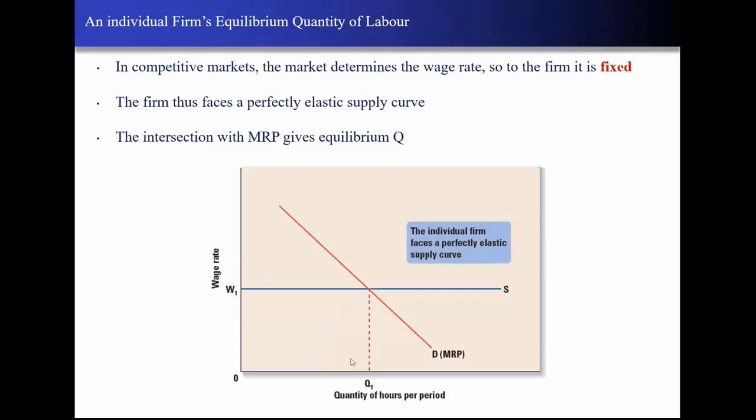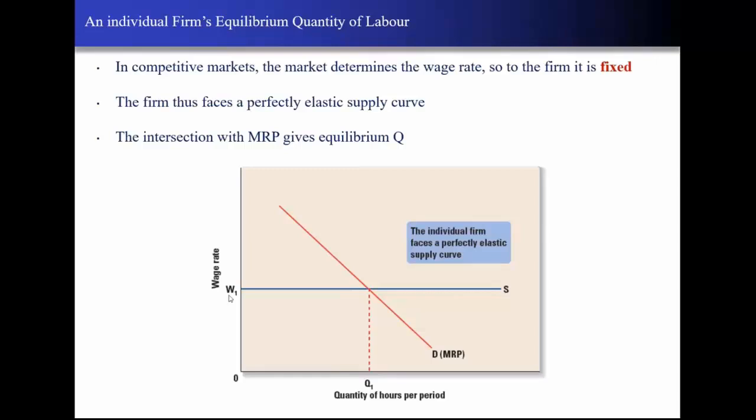Here it's a similar idea, but this is for the firm's wage. If the firm needed to increase the wage to attract more workers, then the supply curve would be upward sloping. But that's not the case here. They're so small they don't affect the overall market, so they can just hire as many people as they want at the wage rate.